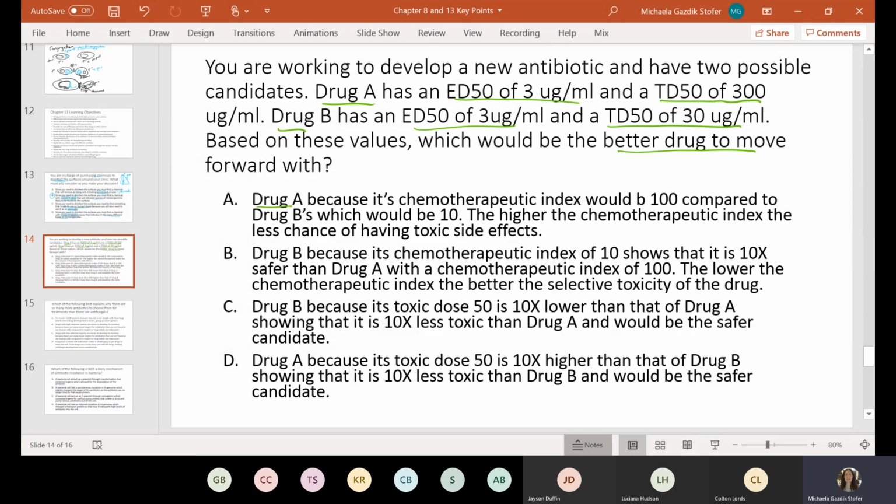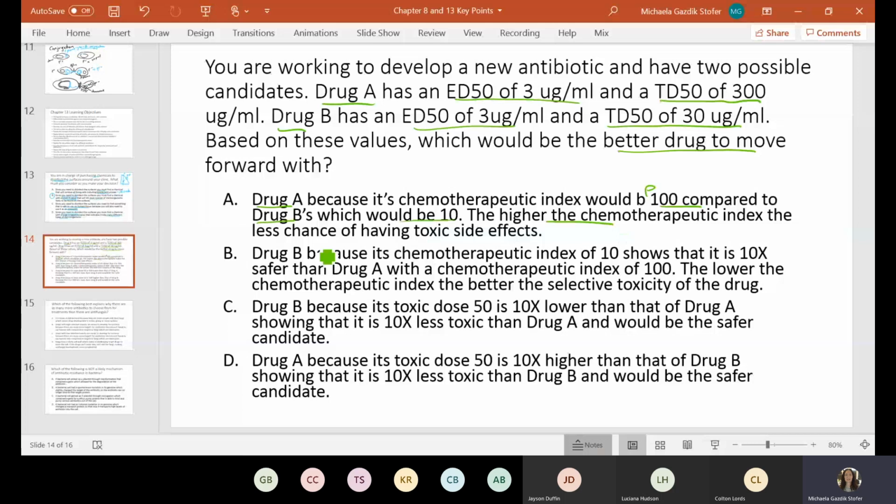A is saying drug A is the better one because its chemotherapeutic index would be 100. There should be an E there. Compared to drug B's, which has a chemotherapeutic index of 10. A higher chemotherapeutic index means we have less chance of toxic side effects. B is saying drug B for the opposite reason.